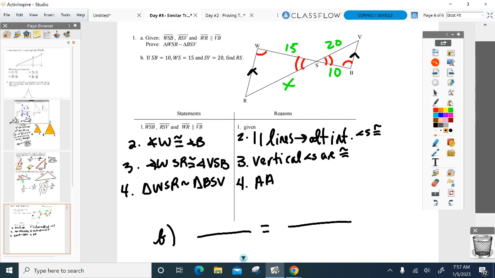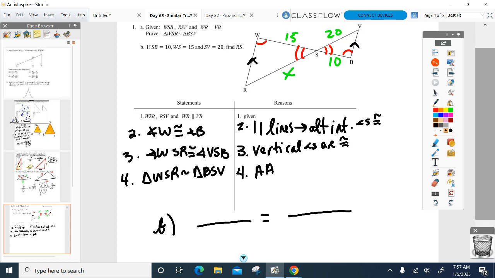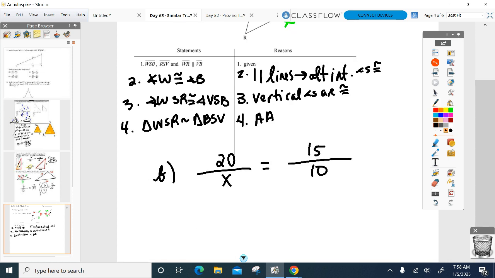I'm sorry, I'm completely blanking. 20 over x and 15 over 10. Look, we talked yesterday. You may have a different proportion written down than what Anna just told me, but as long as you're cross multiplying 20 and 10 and 15 and x, you have a correct proportion.